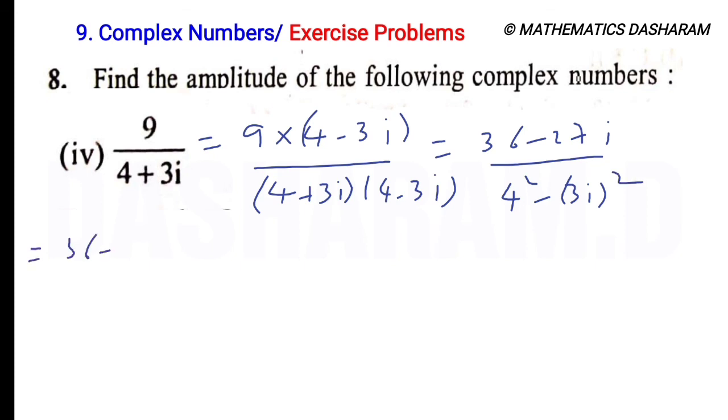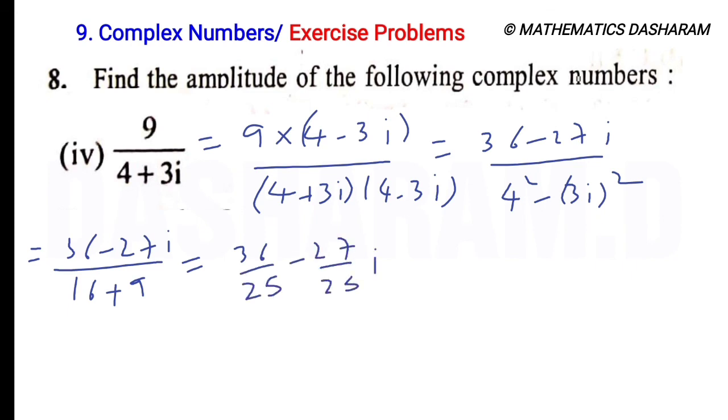So 36 minus 27i divided by 16 plus 3 into i square value minus 1, so it becomes plus 9. Then 36 divided by 25 minus 27 divided by 25 into i.